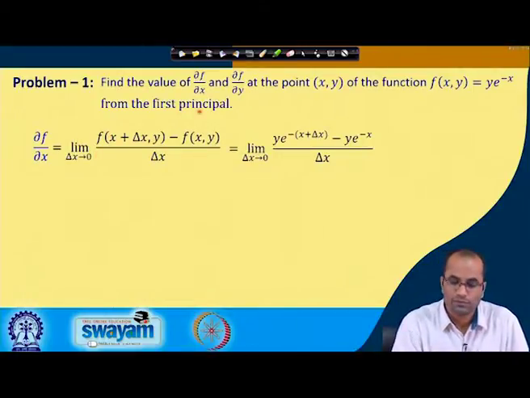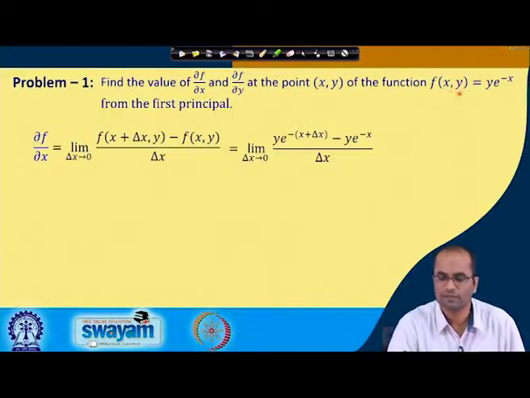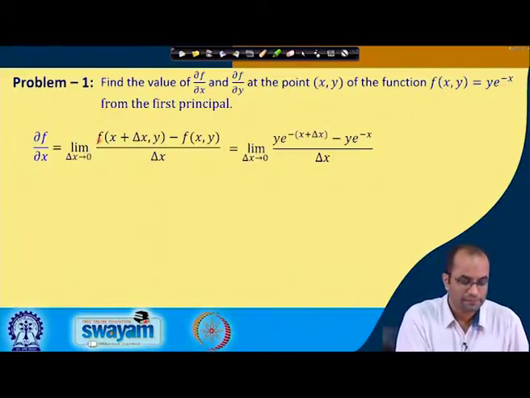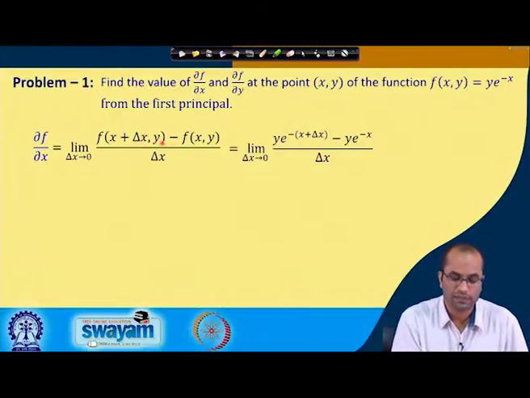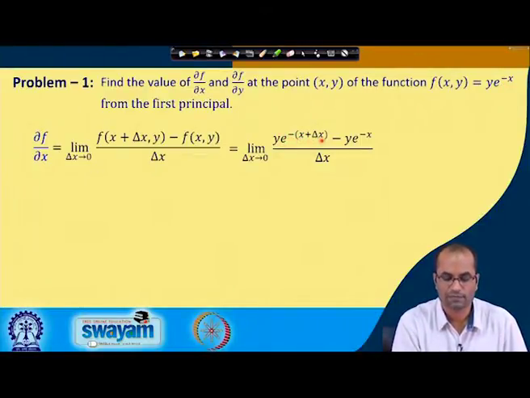So, we have to take this function f(x, y) is equal to y e power minus x. In this case, f(x plus delta x, y) will become y, and instead of x we will have x plus delta x, so y e power minus (x plus delta x), minus the function value at x, y, which is y e power minus x, the function itself, and divided by delta x.